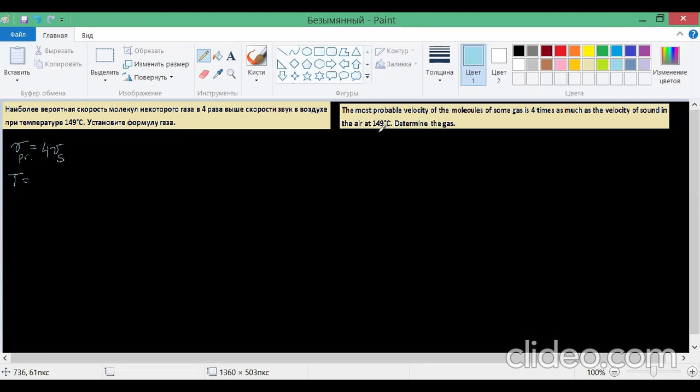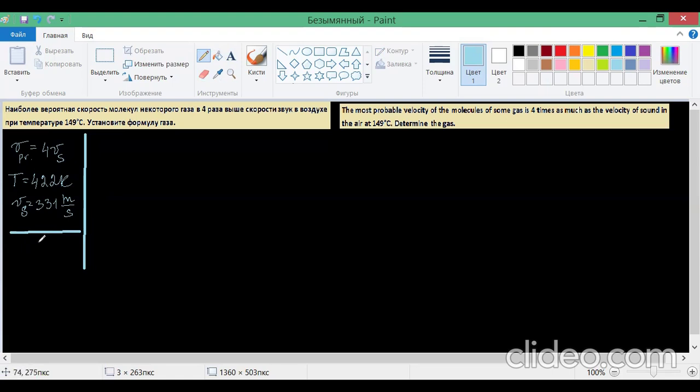If we do this, we will get the temperature is 422 Kelvin, right? And we should remember, if you don't remember, it's not a big problem, you can get it from any reference book, that the speed of sound in the air is roughly 331 meters per second. So this is what we got under the conditions of this problem. And they want us to determine the gas.